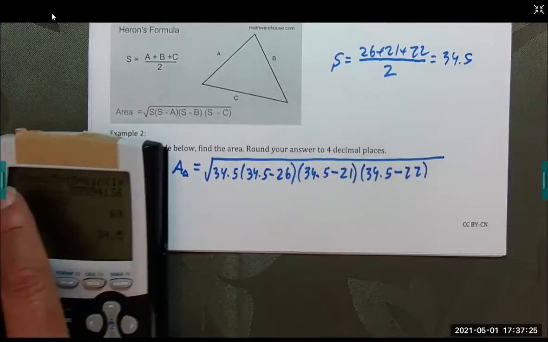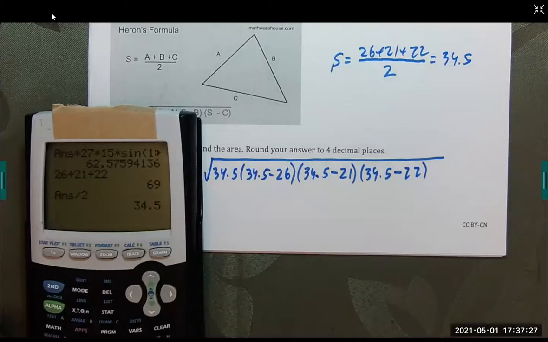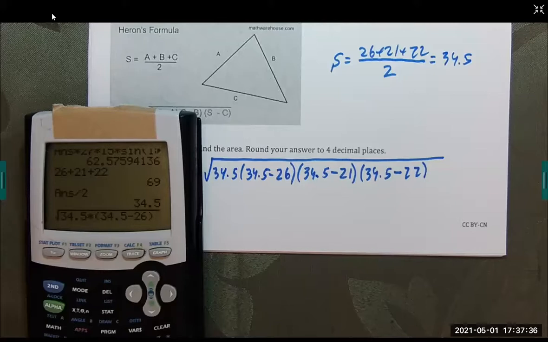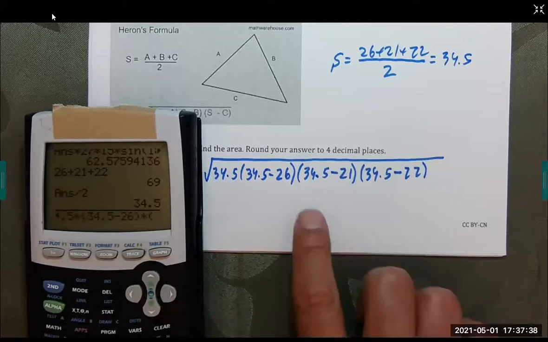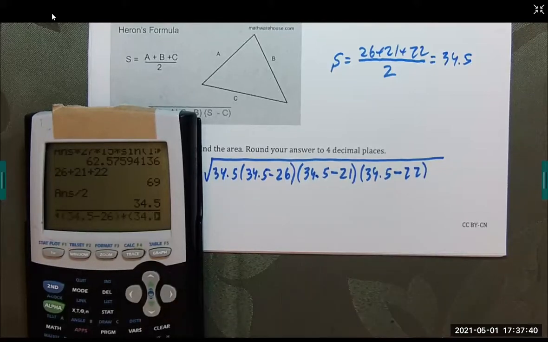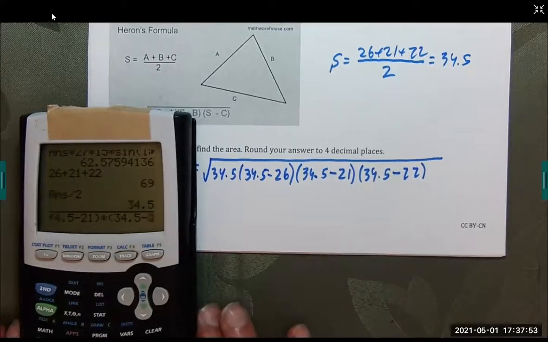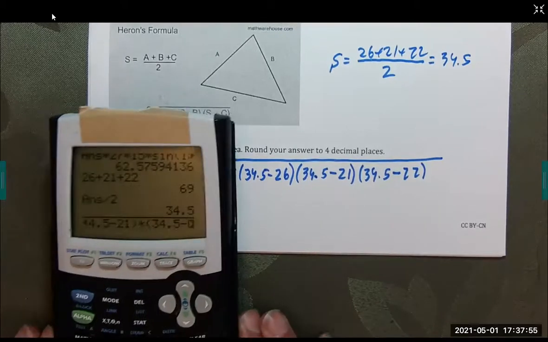So square root of 34.5 times parenthesis 34.5 minus 26, close parenthesis, times open parenthesis 34.5 minus 21, close parenthesis, times open parenthesis 34.5 minus 22, close parenthesis.